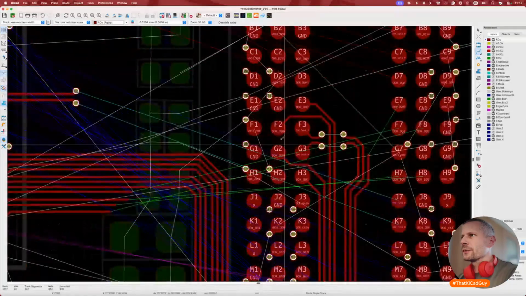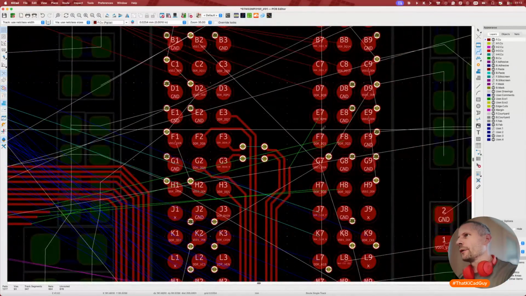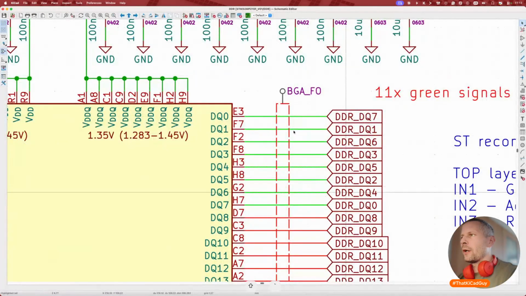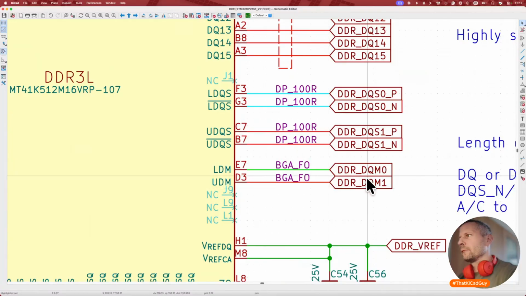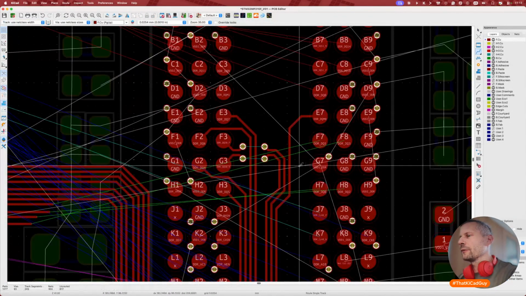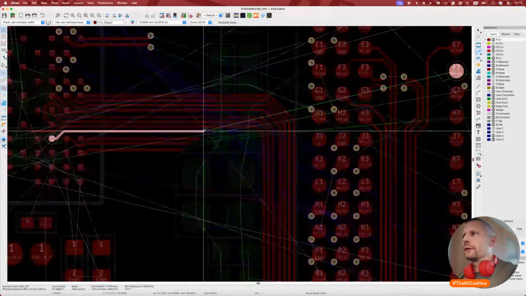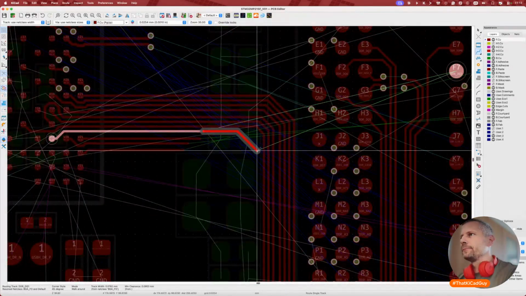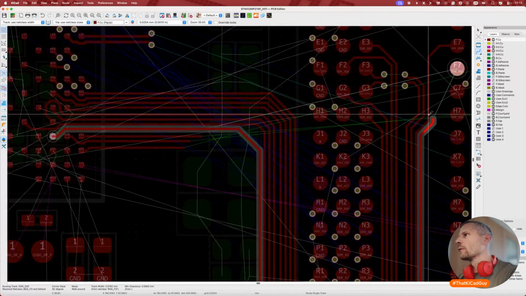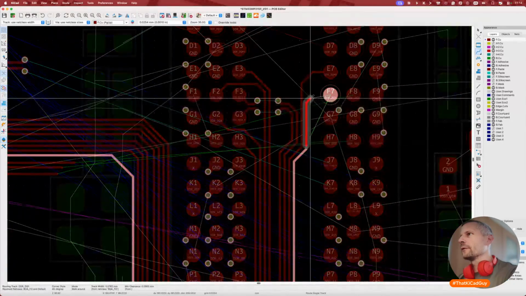There is no green signal in here, so we have to start from top here. So this can be DQM. DQM is the data mask or something. Okay, now here. Yeah, can be this one.